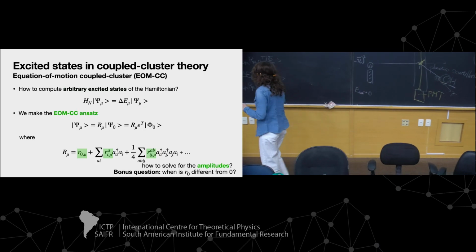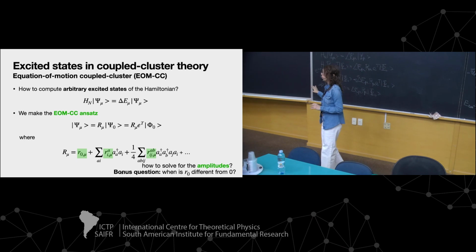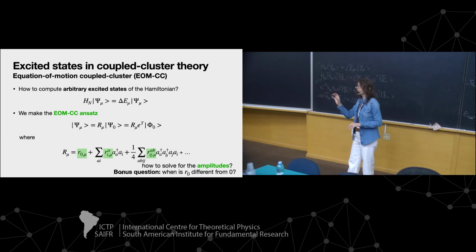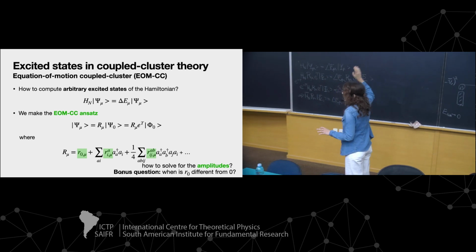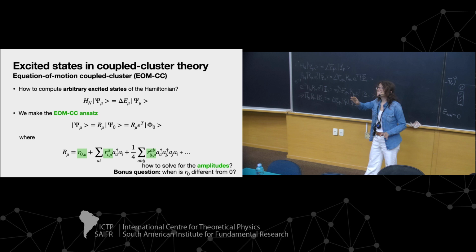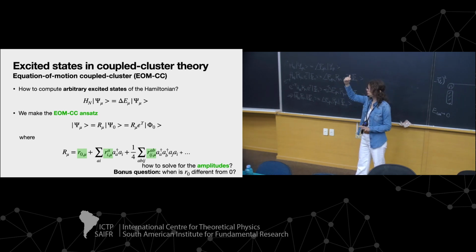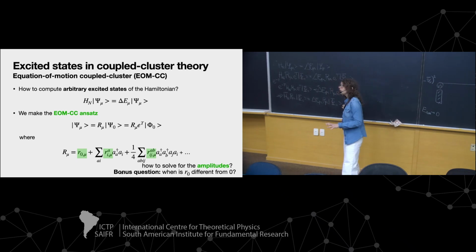The way in which we write the Schrödinger equation for coupled cluster for the ground state is in terms of the correlation energy with respect to the HF reference. And here we actually do the same. So this delta mu, this is actually a good point, is the excitation energy of the state we are looking at with respect to the reference. We can then rewrite this equation also in terms of the excitation energy with respect to the ground state.